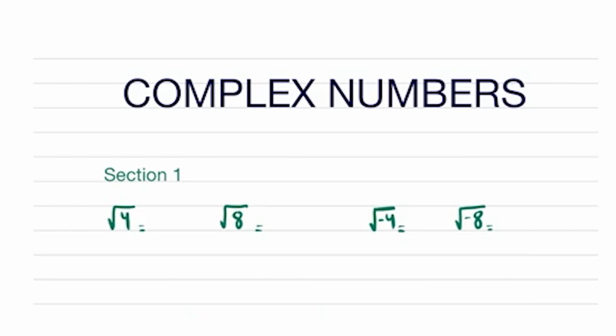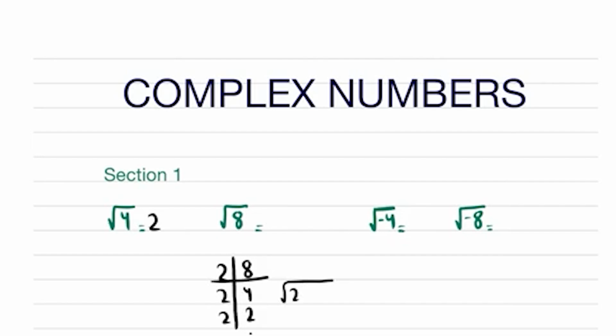What are complex numbers? Listen to me very carefully. In childhood, the answer of √4 was 2. For √8, how did you used to find out the answer? Guys, prime factorization. 2 fours are, 2 twos are, and 2 ones are. It's going to become 2 into 2 into 2.